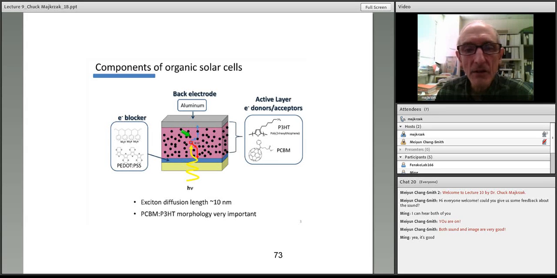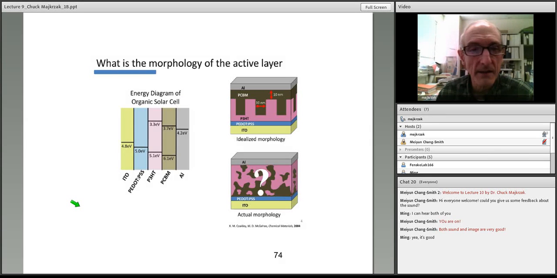However, it turns out that this exciton, which is responsible for conducting the current across the device to create the electricity from the solar absorption of the solar light, has a diffusion length of the order of 100 angstroms. So how these constituents are distributed relative to one another, what the morphology of the structure is, is very important for the operation and efficiency of this device.